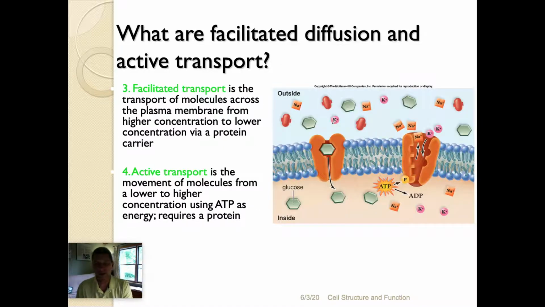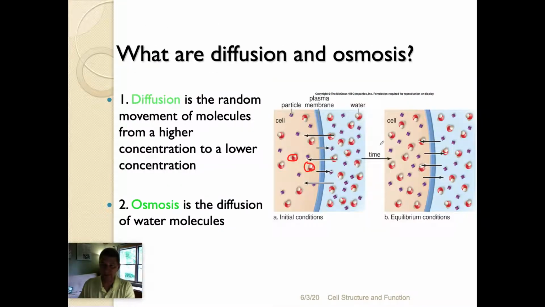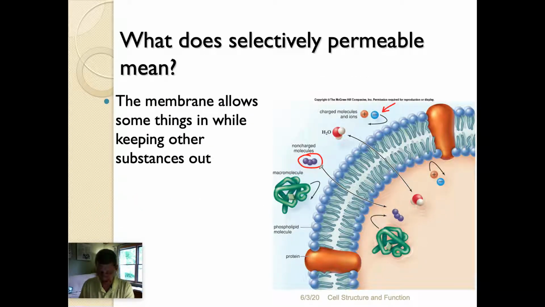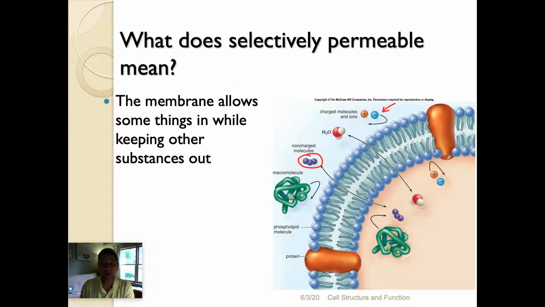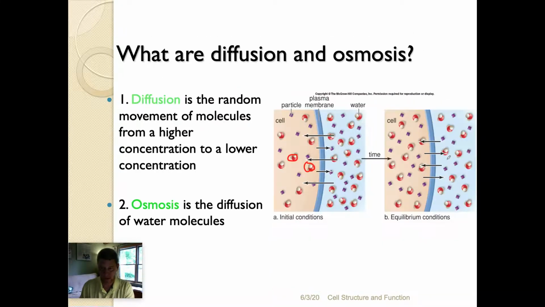It can be a lot of different things. But over time, why does it keep going backwards? Over time, you'll notice that eventually we reach equilibrium. The water molecules diffuse into the cell, and so do the salts, or whatever these little purple particles are supposed to represent.